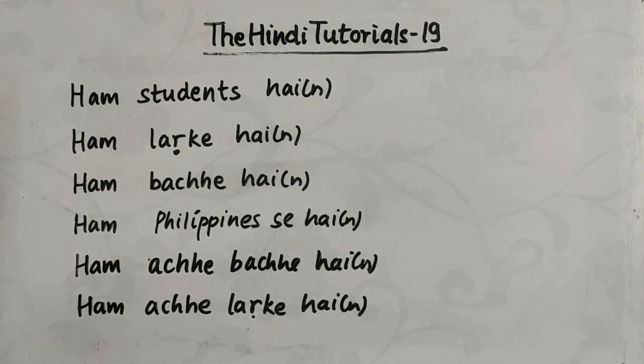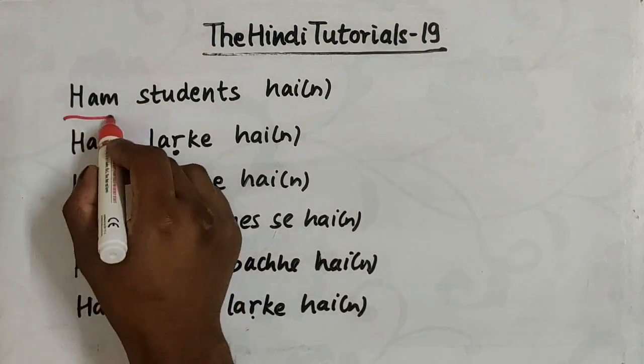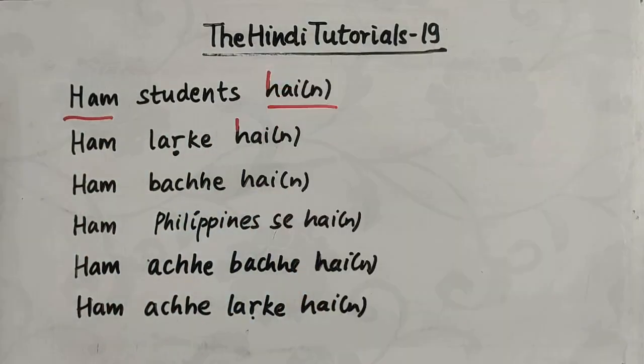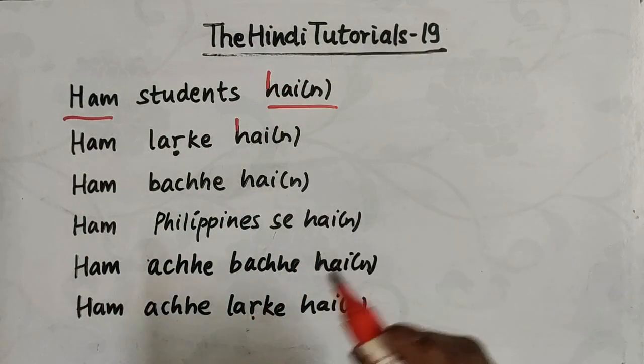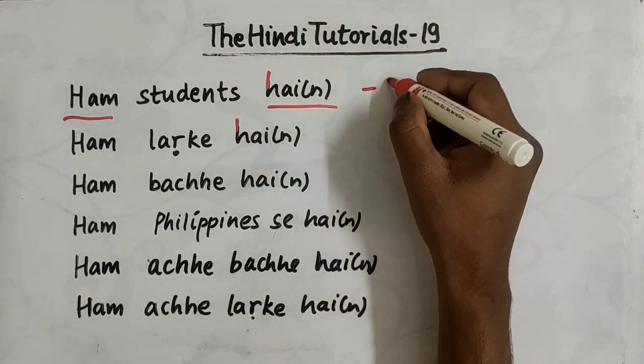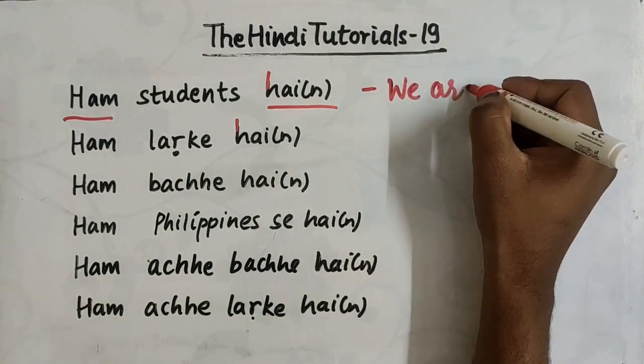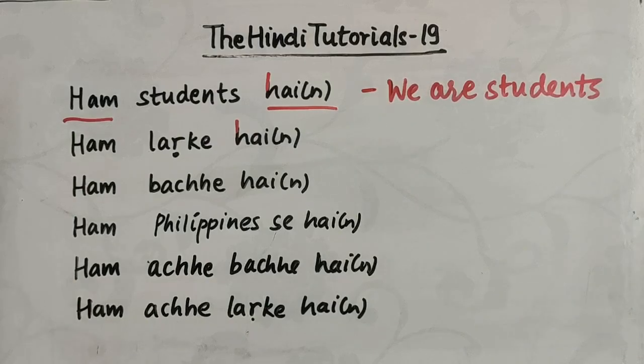Here in front of you, you can see a few examples with hum and हैं. So the first sentence says हम students हैं, which means we are students. The second says हम लड़के हैं.